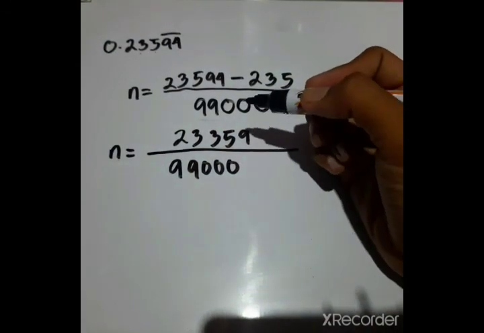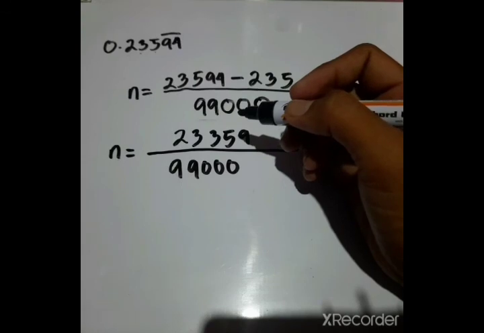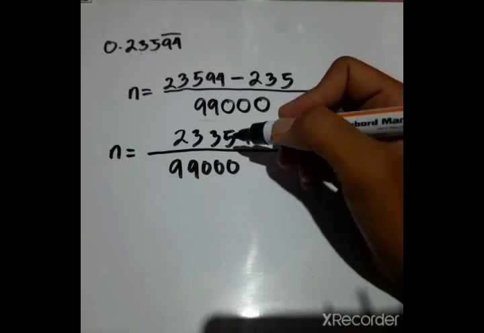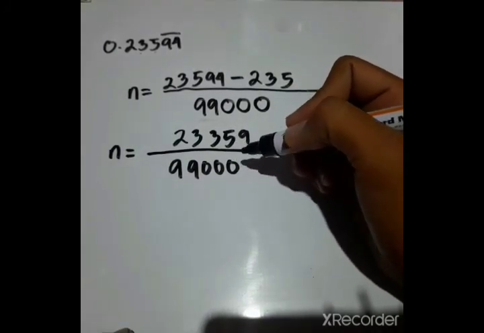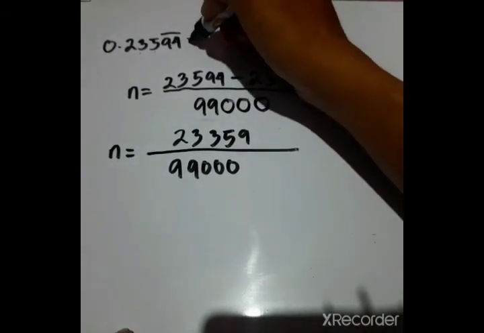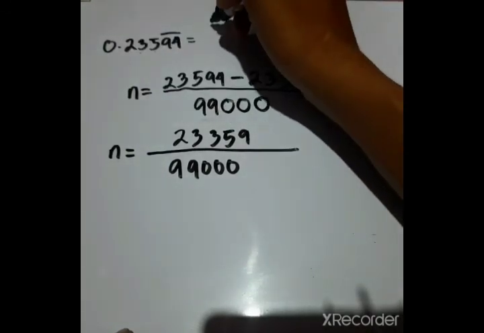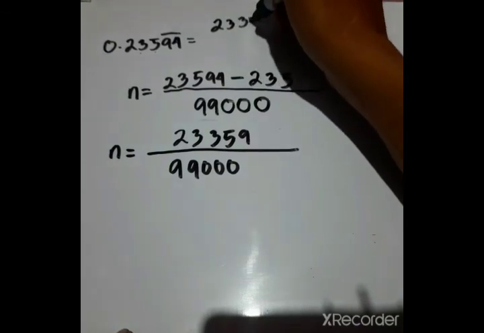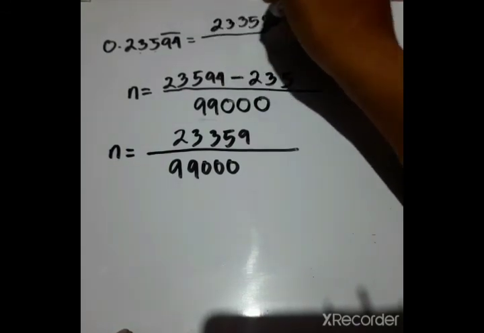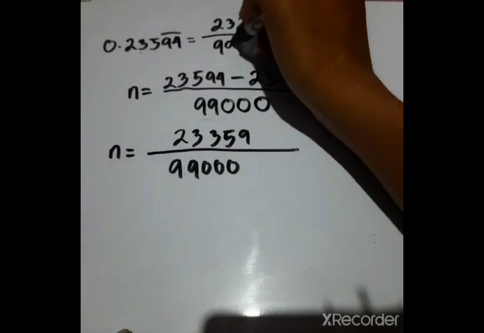Since 23,359 and 99,000 don't have any greatest common factor, this is already the simplest form. In other words, this is equivalent to 23,359 over 99,000.